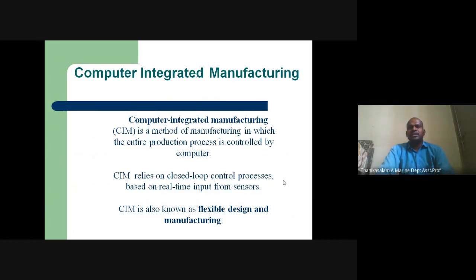In another way, CIM relies on closed loop control processes based on real-time input from sensors. CIM is also known as flexible design and manufacturing. There are many ways we can define it, but generally the first definition is the common definition: CIM is a method of manufacturing in which the entire production process is controlled by computer.